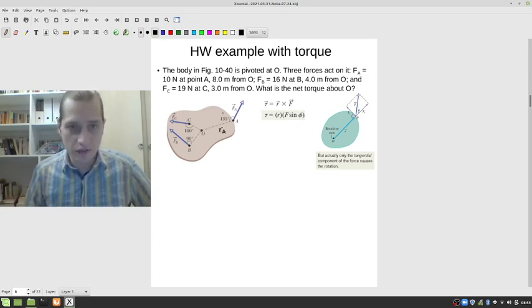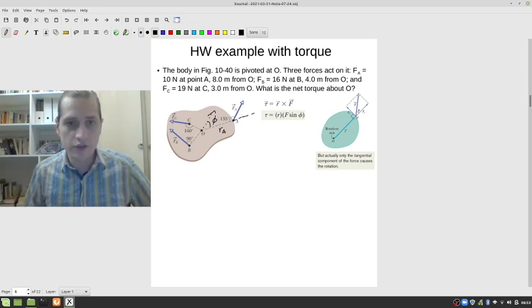So notice they have given you the wrong angle. The angle that you want is, if you translate this vector so that these two are like this, what's this angle? So you consider R is there, F is there. What's the angle between the two?